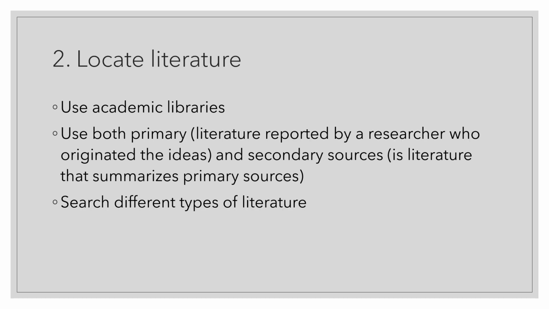And then the second one, you have to look at the literature using the libraries, using both the literature reported by a researcher who originated the ideas, and the secondary source, like literature that summarizes primary sources. So you can use the literature used in previous research. For example, if you find one article and there is a discussion or a part of a literature review, you can consider taking the information from that point.